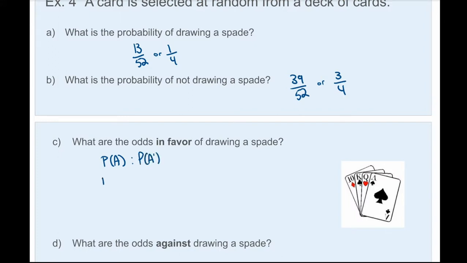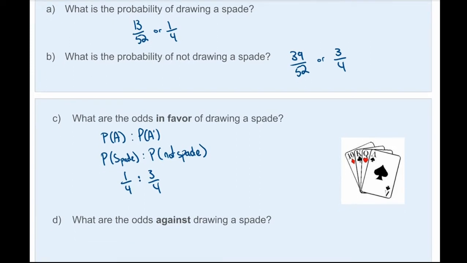The probability of a spade, set up as a ratio to the probability of not a spade. This breaks down to 1 over 4 to 3 over 4, which you could convert to just 1 to 3. So the odds in favor of drawing a spade are 1 to 3.